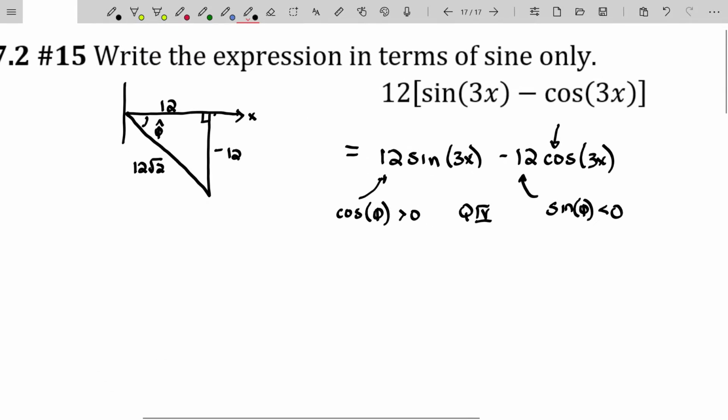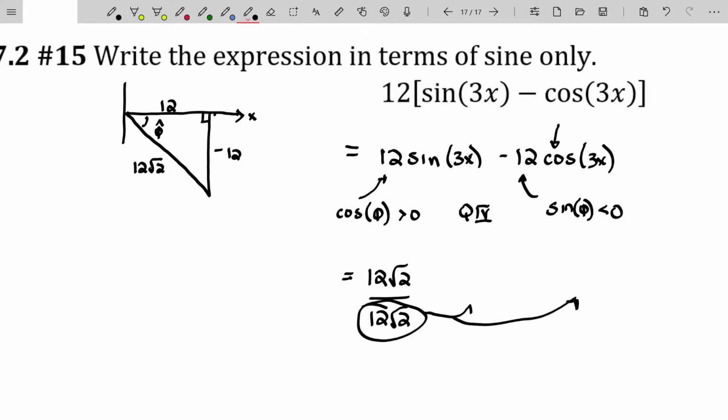So I'm going to multiply both numerator and denominator by 12 root 2. I'll get this. Multiply top and bottom by 12 root 2. And then if I multiply top and bottom of that expression by 12 root 2, I'm going to take this denominator and distribute it into each of those two terms so that you don't have to do two steps.